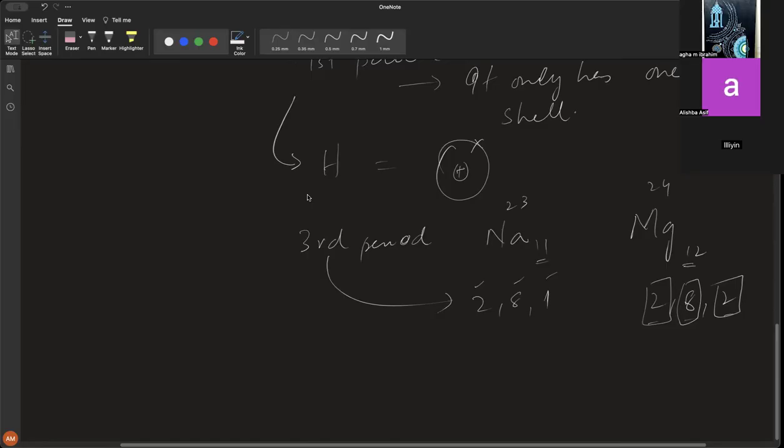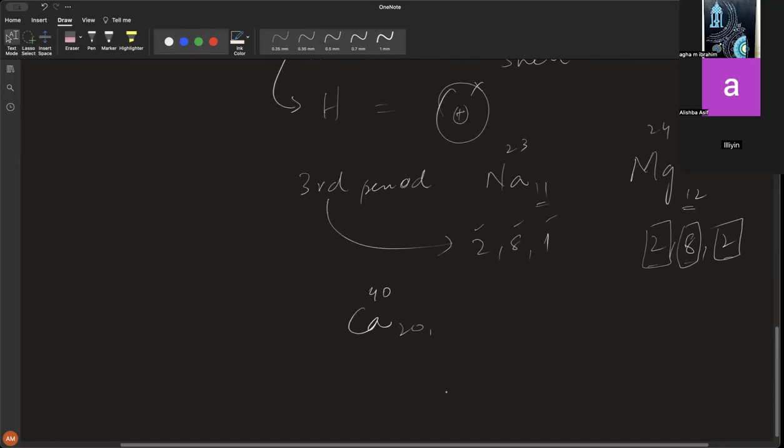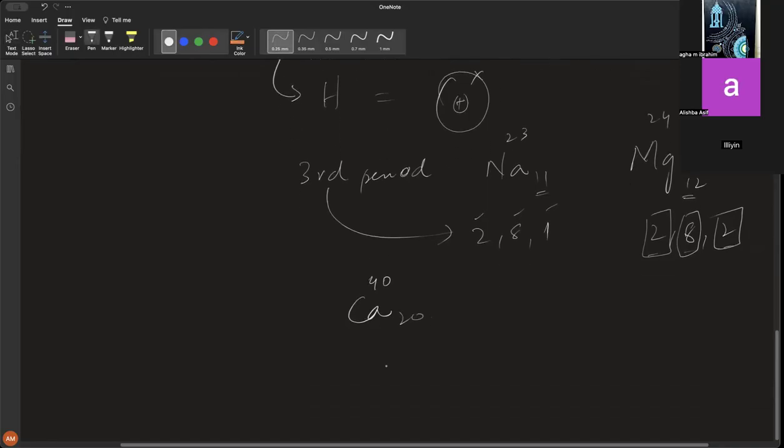If you look at potassium, basically it is in the fourth. Let's see calcium. Calcium is 40 and 20. Can you draw the electronic configuration for this? Lean, can you tell?